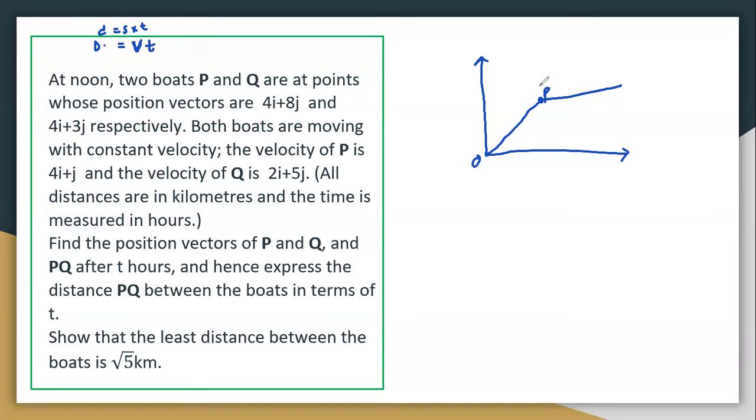Now, for me to get that displacement, the distance it has moved in a given direction from the point where it was up to where it's going to be at any point, I'm going to get the velocity times the time. But if I want to get its total distance from the origin up to where the boat is here, in vectors, this is where your boat is. In order for me to get this pink thing, I'm going to add the distance from this point up to here, then from here up to here.